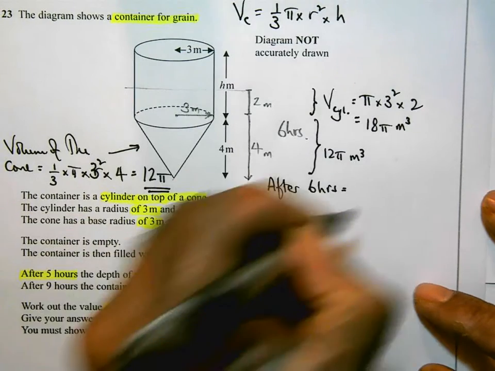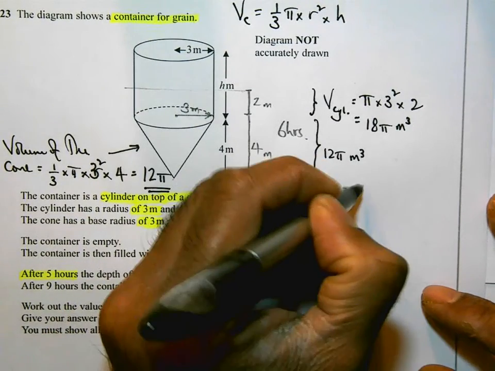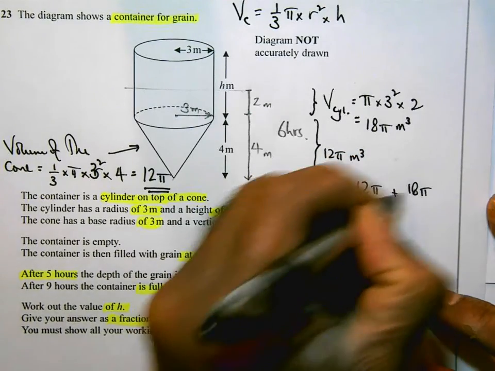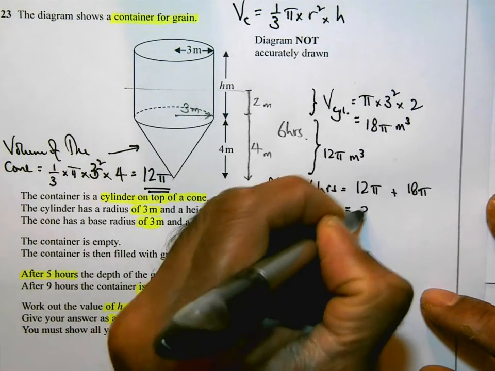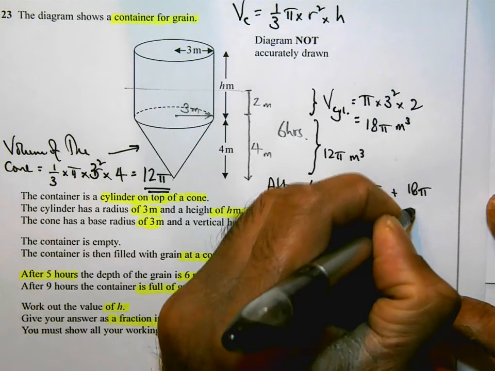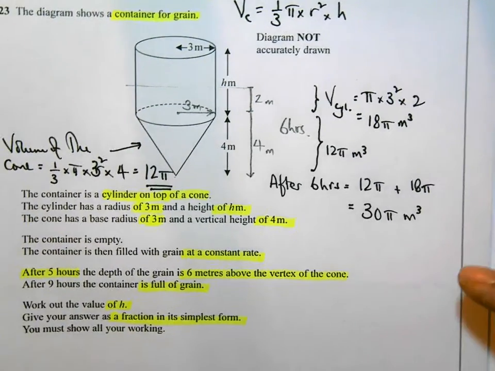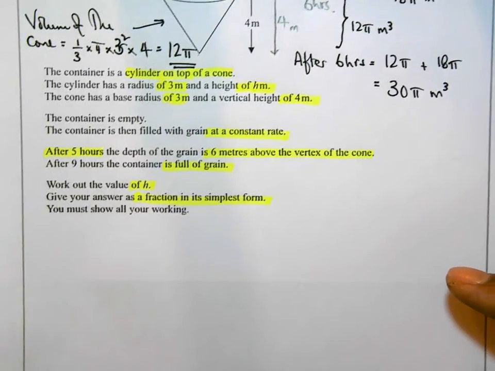So you've got 12 pi and 18 pi. That's 30 pi meters cubed of grain in this container.